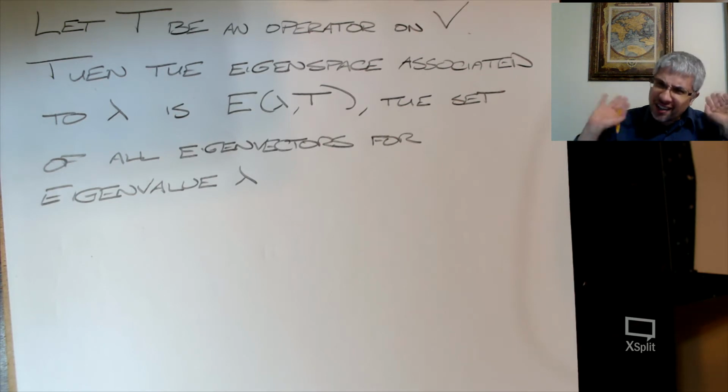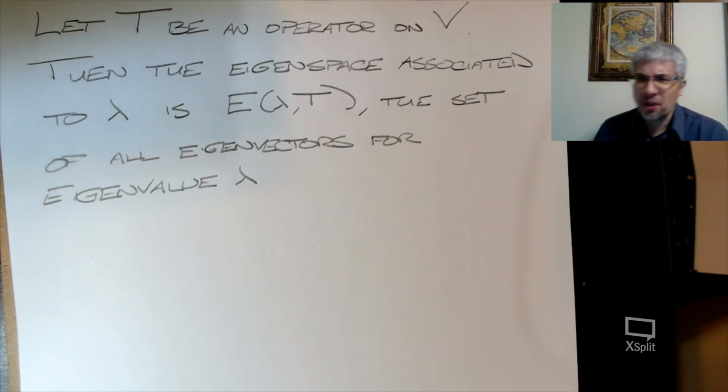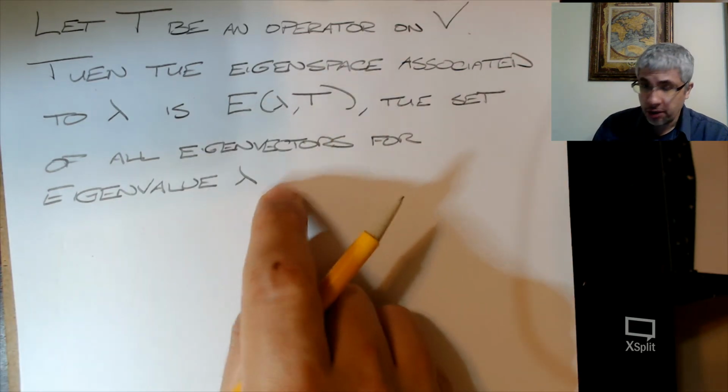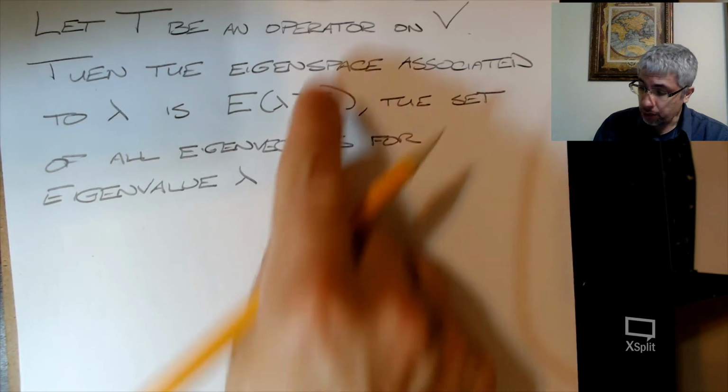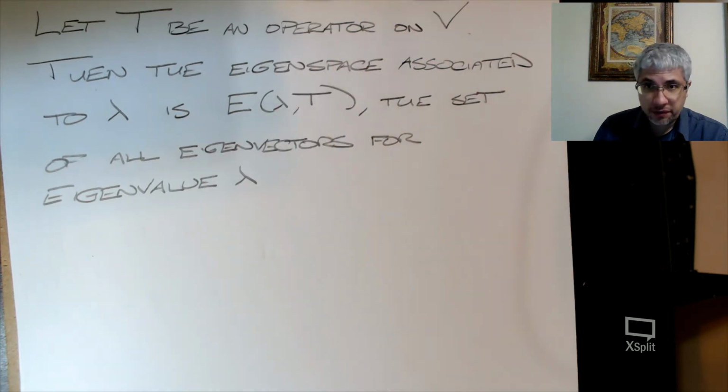So we would have this sort of paradoxical thing, like one eigenvector that has every single eigenvalue in the field. We don't want that. But we do want this to be a space. So if I toss in 0, I get a space. So we're going to define the eigenspace for lambda to be all of the eigenvectors and also 0.